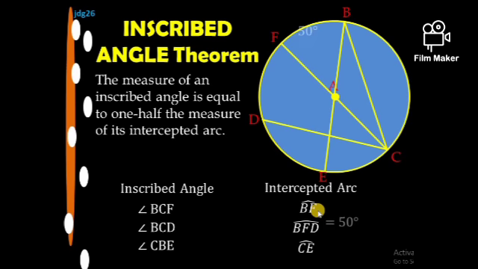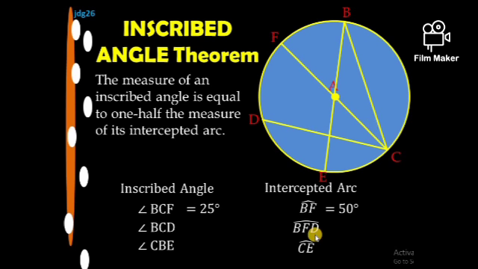Now, what if arc FB or BF is measured 50 degrees? What is the measure of angle BCF? Kalahati daw ng measure ng intercepted arc. So, ibig sabihin, kung ito ay 50, therefore, the inscribed angle is 25 degrees.